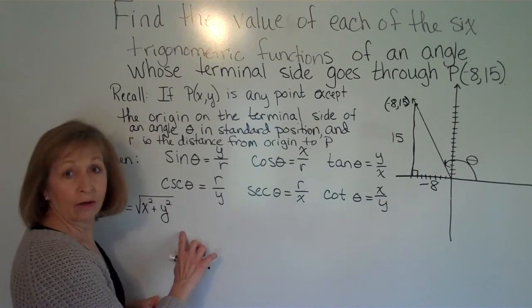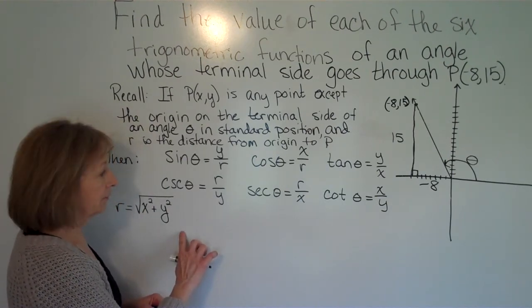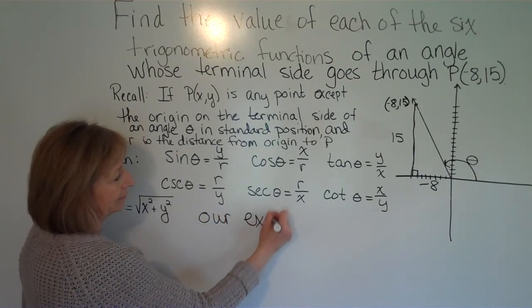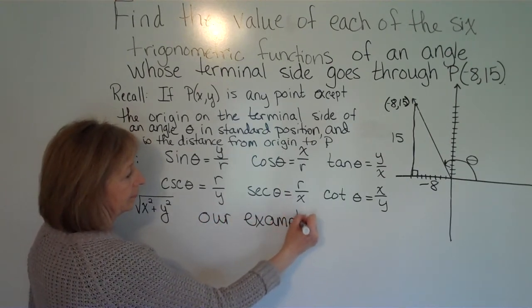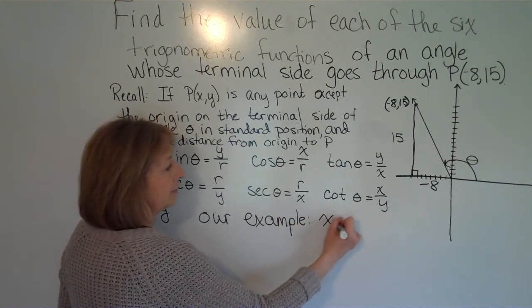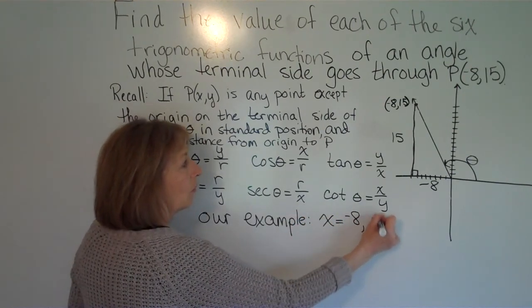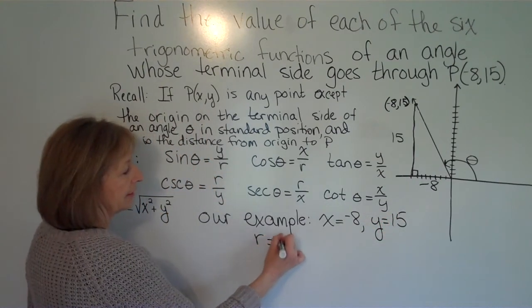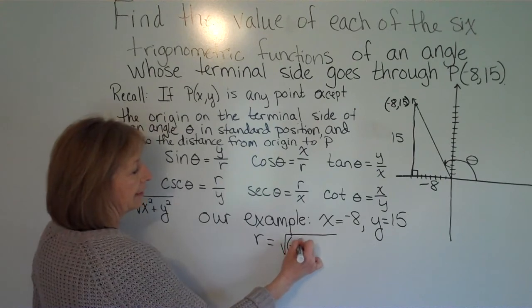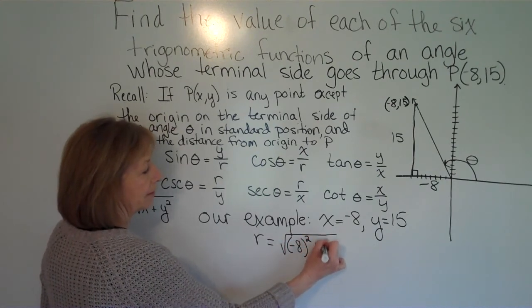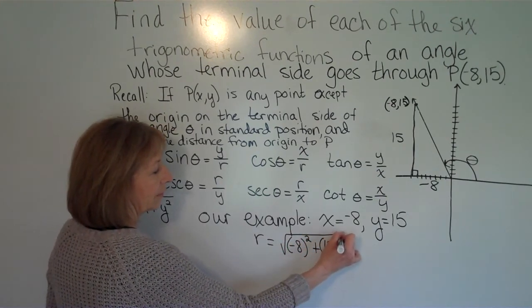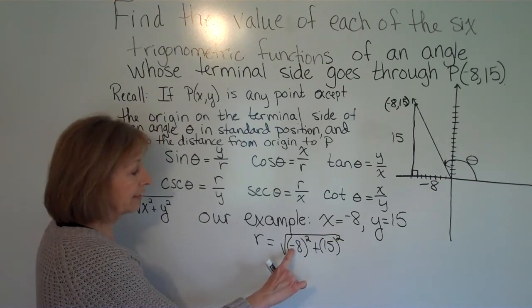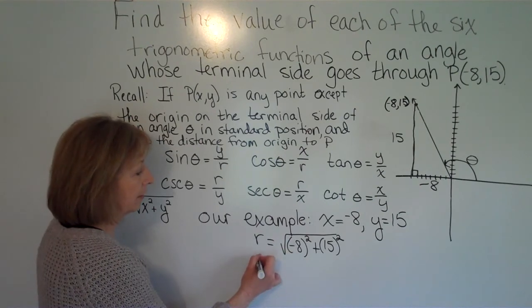That's why r is the square root of x squared plus y squared. So for our example, x is equal to -8, y is equal to 15, and r is equal to the square root of (-8) squared plus 15 squared. Now remember, (-8) quantity squared is 64, so -8 times -8 is a +64.